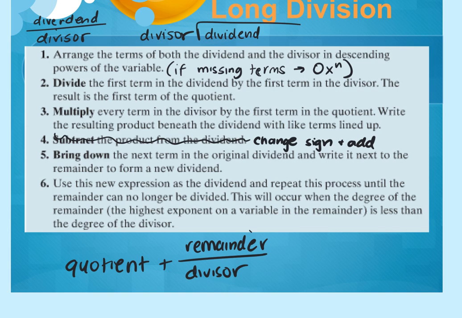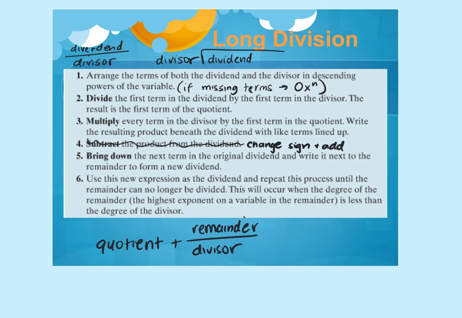Whatever's the remainder goes over what's on the outside of the divisor. So it follows the same pattern as long division with numeric values. You're just going to have variables in here.